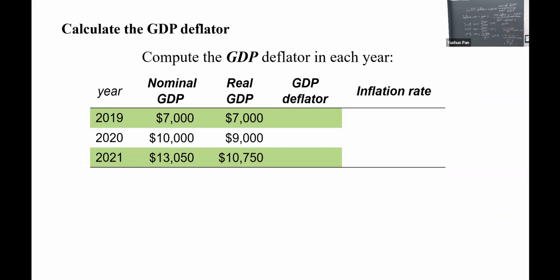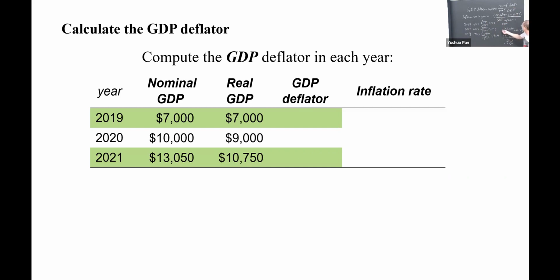If you can remember these two expressions or equations, this is an easy calculation, right? The numerator is just the nominal GDP in different years. So in 2019, that's the nominal divided by the real GDP. And also for 2020, nominal is still divided by the real 9,000. To calculate the inflation rate, again, this is the percentage change.